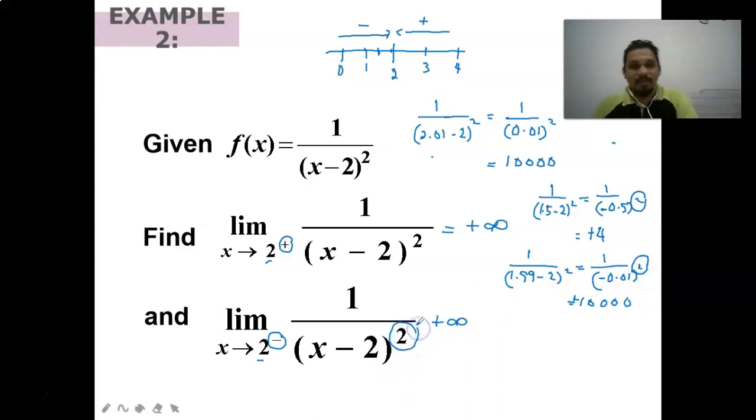Any negative number that is squared turns into a positive value. So the limit as x approaches 2 from the right side is positive infinity, and x approaching 2 from the left also gives positive infinity. Then the limit as x approaches 2 for the function f(x) equals 1 divided by (x minus 2) squared is undefined.